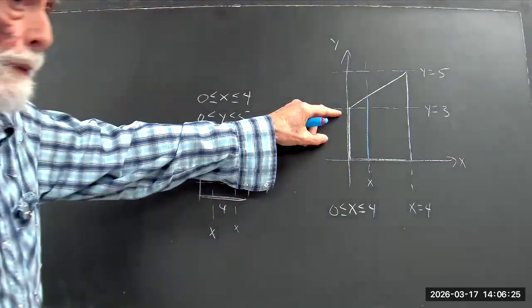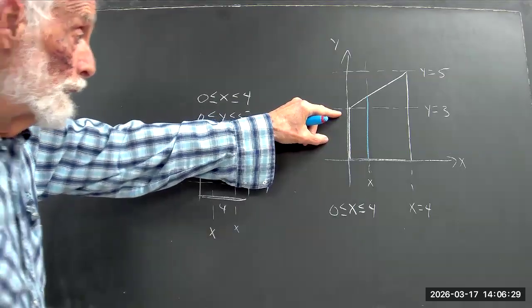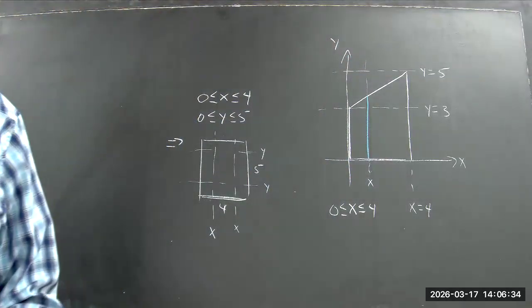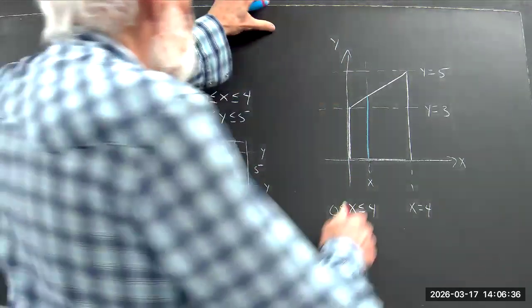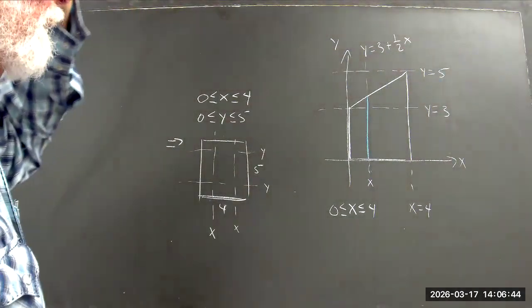Well, I'm going to tell you. Y-intercept here is 3, right? The slope, let's say you've got a run of 4 and a rise of 2, slope's 1/2. So on this line, usually written 1/2 x plus 3.